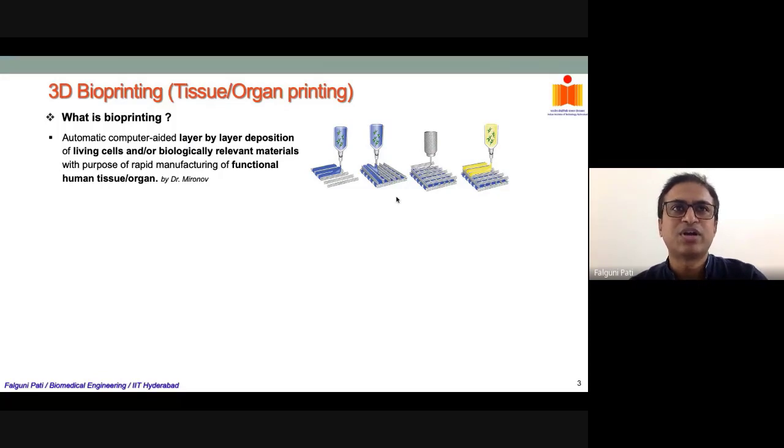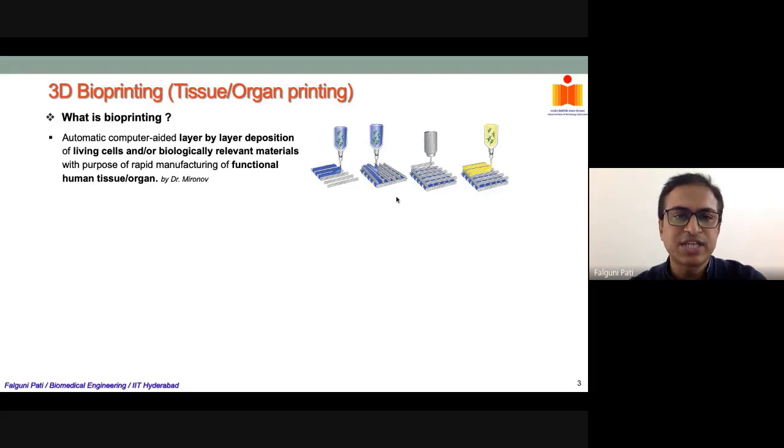For 3D bioprinting we use cells plus matrix materials, which are often mixed together and used as a bioink for fabrication of the 3D structure. In certain cases, only the materials are printed, and then the cells are seeded on top.